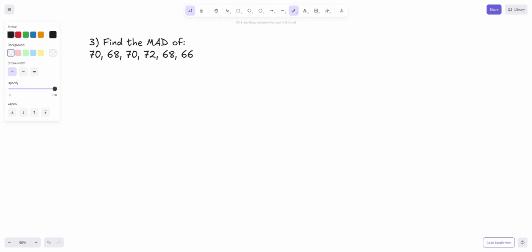All right, last one. Again, step 1, first find the mean. To find the MAD, we have to first find the mean. 70 plus 68, that is 138. 70 plus 72 is 142. 68 plus 66 is 134. Add this all up, that's 414, I hope that's right.